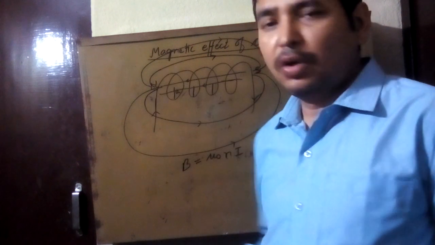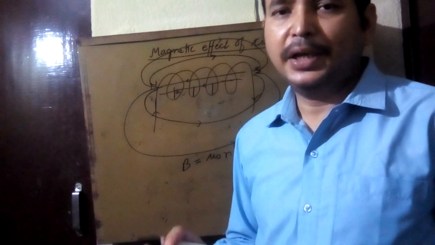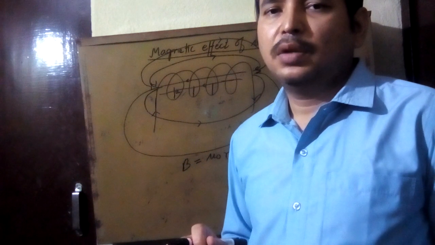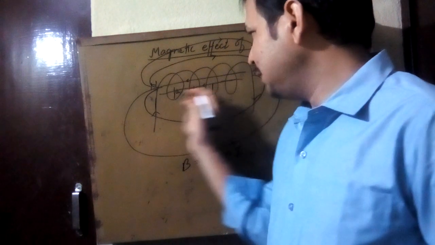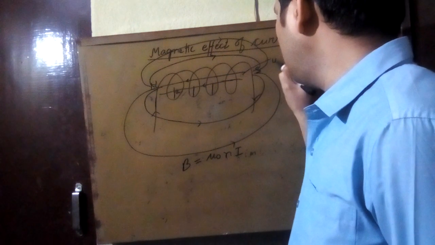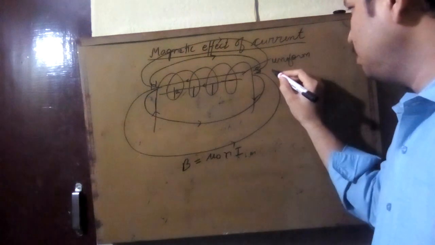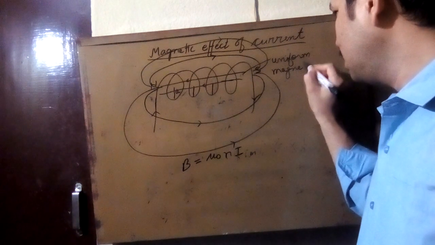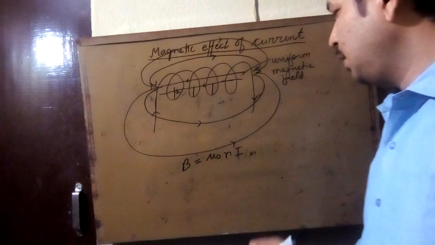Outside the solenoid, the magnitude of magnetic field is very small and can be neglected as compared to the magnetic field inside it. You can see the magnetic field lines are straight and parallel, so this will be a uniform magnetic field. And what about the magnitude?